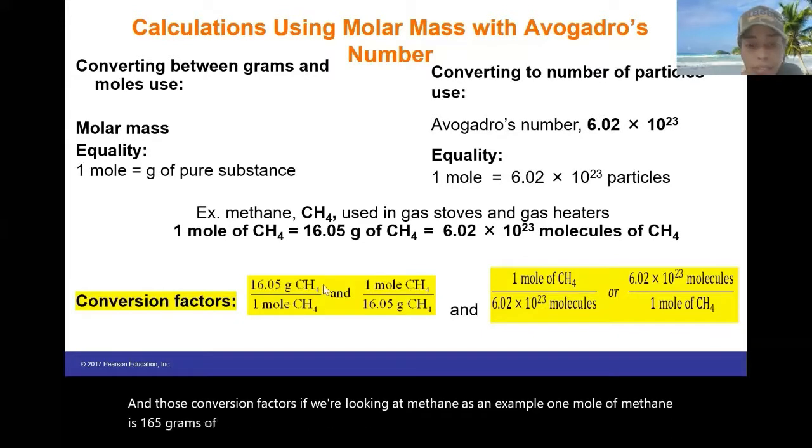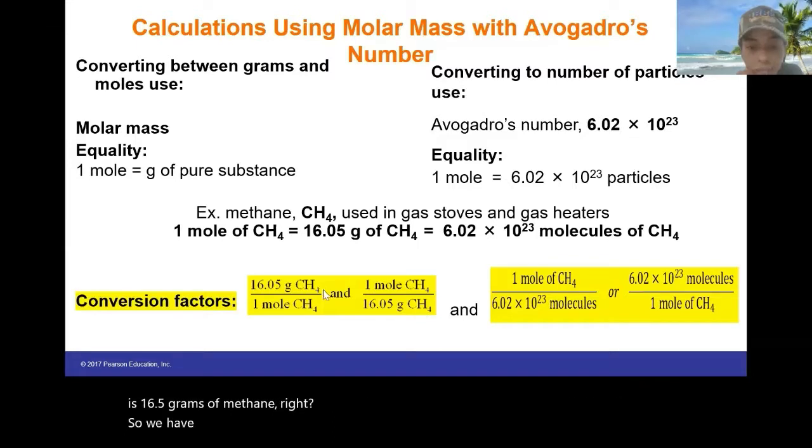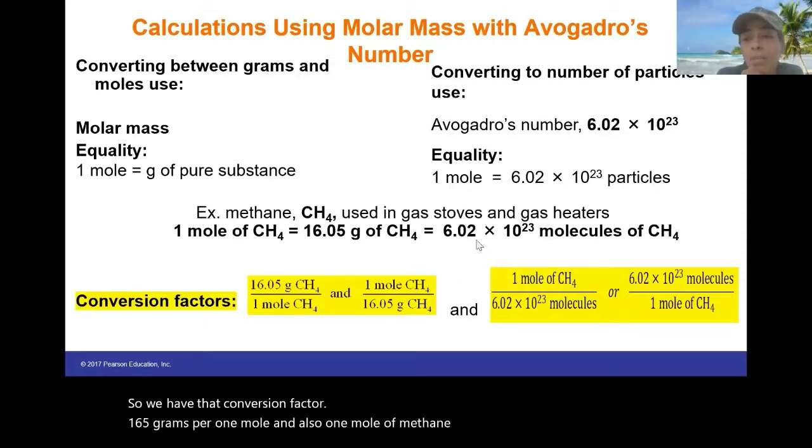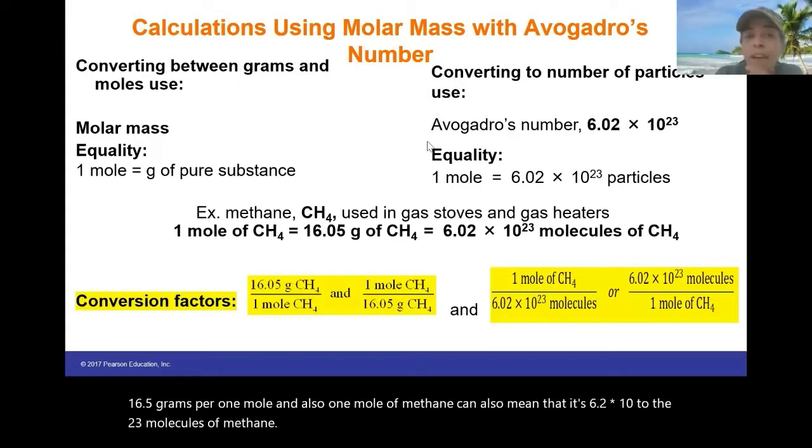So we have that conversion factor, 16.05 grams per 1 mole. And also 1 mole of methane means 6.02 times 10 to the 23 molecules of methane.